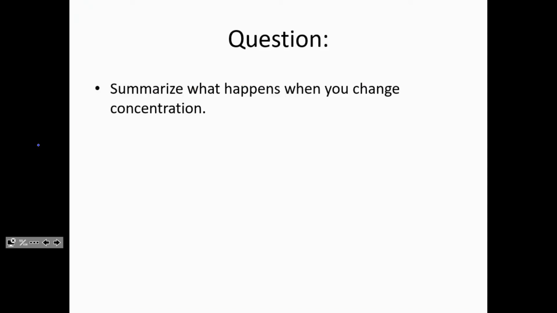So, if we summarize what happens when we change concentration, I'm going to say A plus B, and with equilibrium, we have a double-sided arrow, yields C plus D. So if I increase the concentration of A, equilibrium shifts to the right.